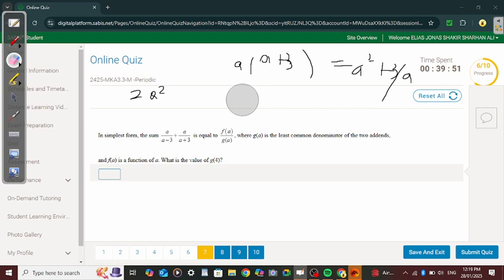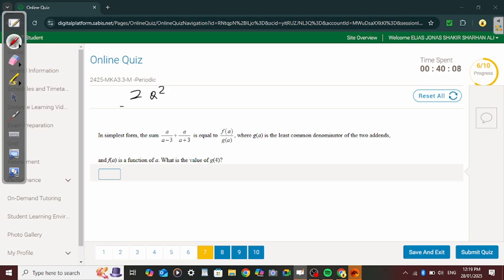Now let's solve for the least common denominator. As we said, just multiply the denominator of the first fraction by the denominator of the second fraction, the denominator of the second fraction by the denominator of the first fraction. But since we're going to have the same denominator as always in every single question, we just multiply one of them. We don't need to check. It's useless, just a waste of time.